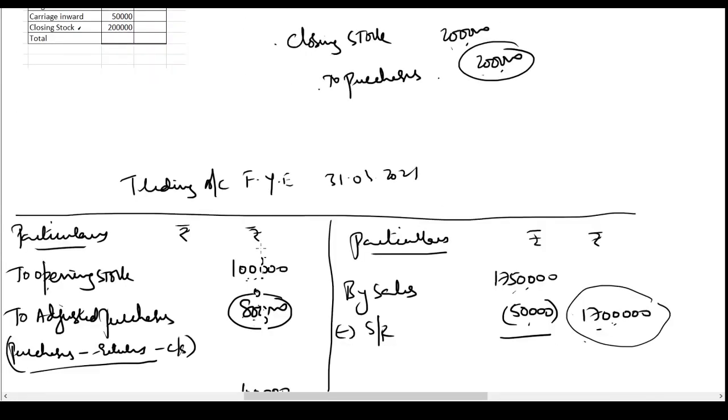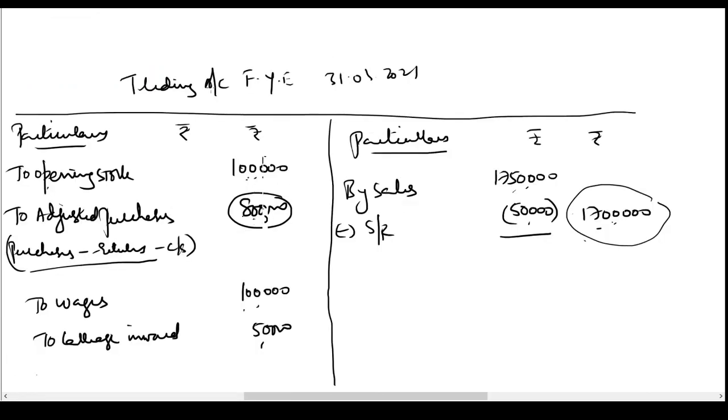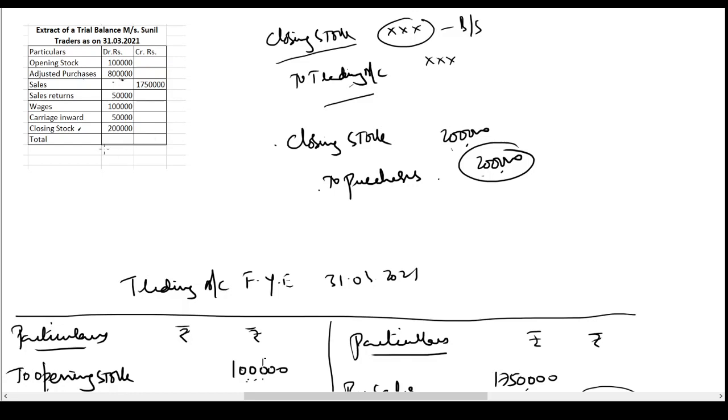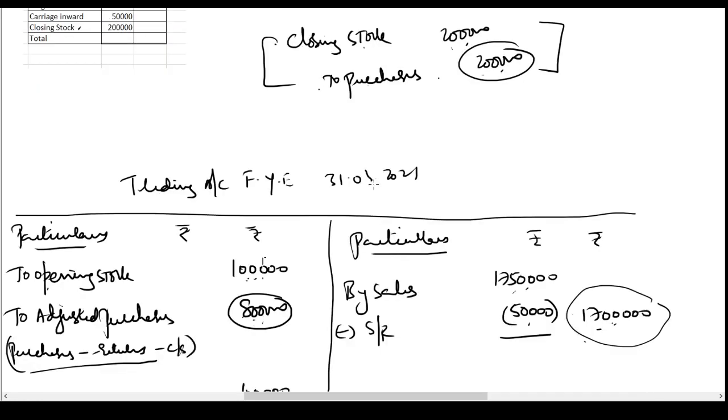Closing stock 2 lakh. Now I always credit the trading account with closing stock. I write by closing stock here, 2 lakh, to reduce the purchases. But in this problem, closing stock is already given inside the trial balance. That means this entry relating to closing stock has already been passed: closing stock account debit to purchases. Purchase account has already been credited.